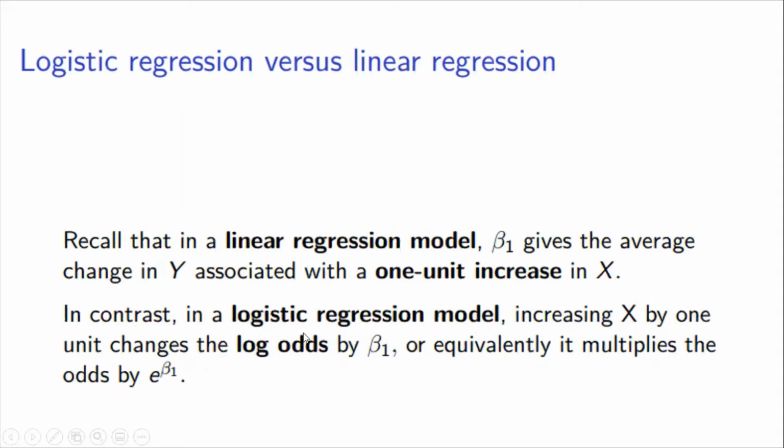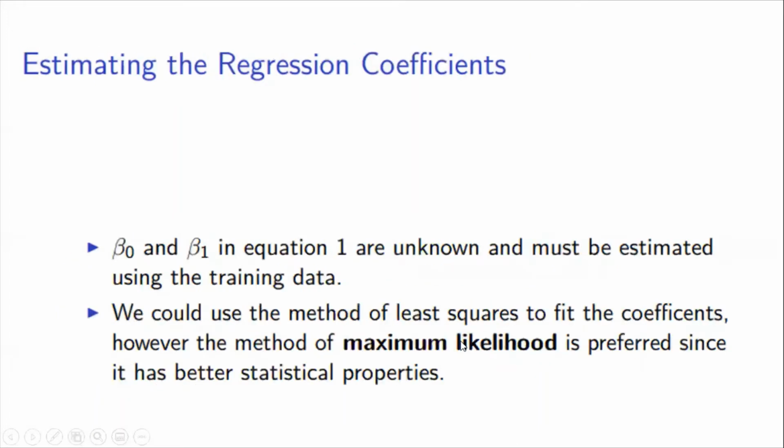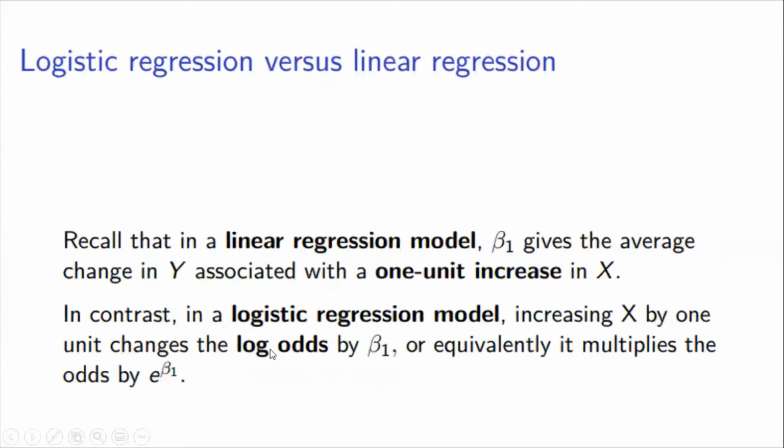But it is a little bit difficult to understand log odds. So that's why we transform it back to the odds ratio. After all, logistic regression is shown by an odds ratio.